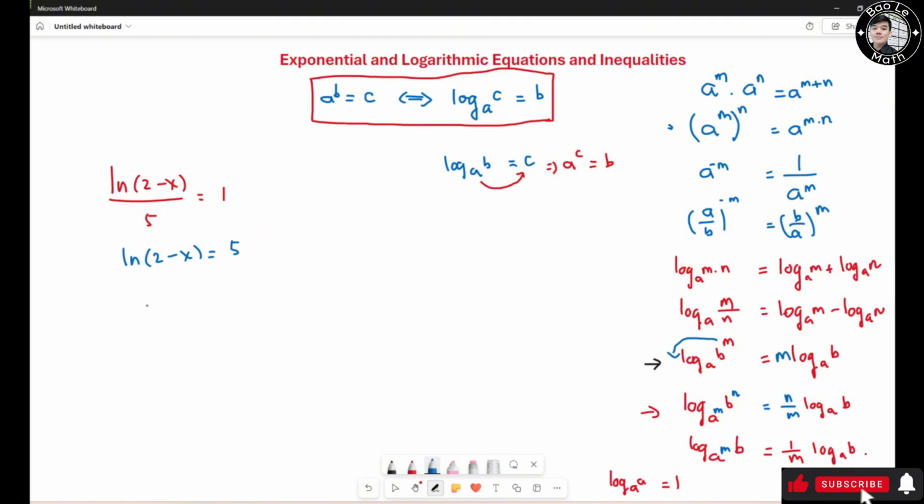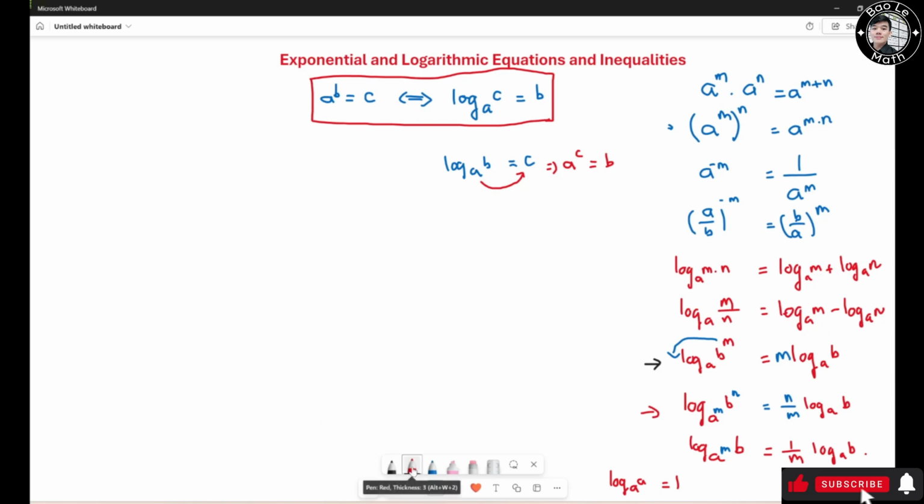And then natural log of 2 minus s is the same thing as log base e of 2 minus s equals 5, right? And then you just draw an arrow right here, and then 2 minus s equals e to the fifth. And then subtract 2 both sides, so it could be negative s equals e to the fifth minus 2. And then divide both sides by negative 1, so s equals 2 minus e to the fifth.